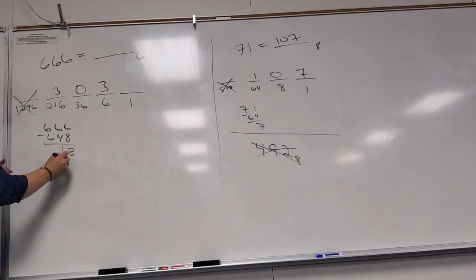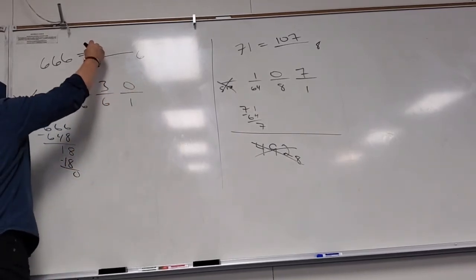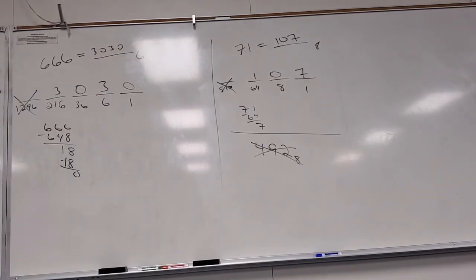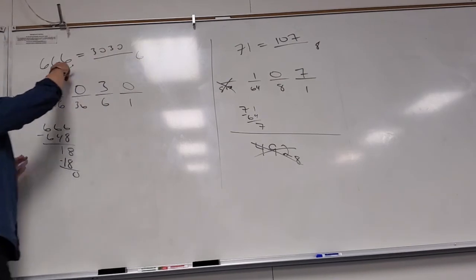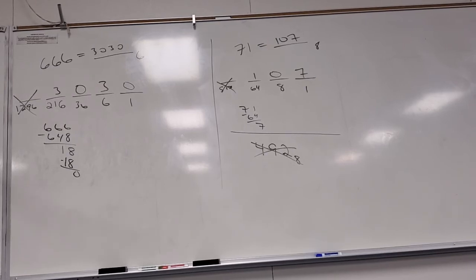Because 3 6s is 18. That's neat. Did I do that right? Let's see. I wish I could say I thought that out ahead, but I did not. Yeah, there you go, 3030. So 3030 base 6 is 666. There's something there. We're not going to do any more with that. I don't want any demons sprouting up out of the floorboards.